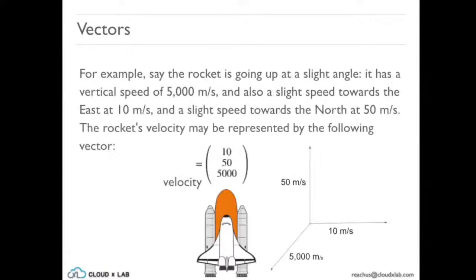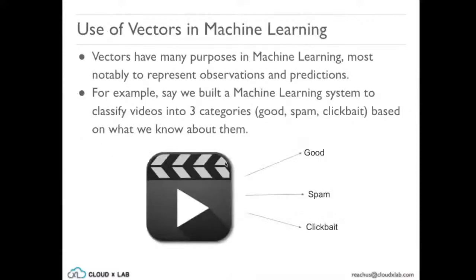For example, if you have to show that a rocket is going up at a slight angle, that it has a vertical speed of 5,000, a slight speed to the east at 10, and a slight speed to the north at 50, the rocket's velocity can be represented this way along the 3 different axes. That's one of the reasons for vectors. This can be defined as a NumPy array and used in calculations very easily.